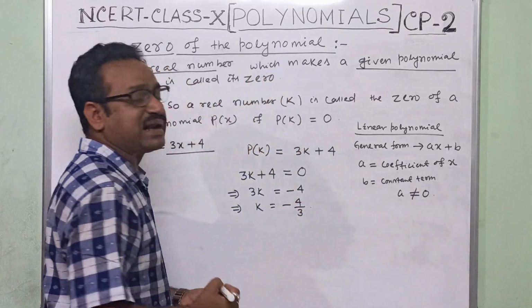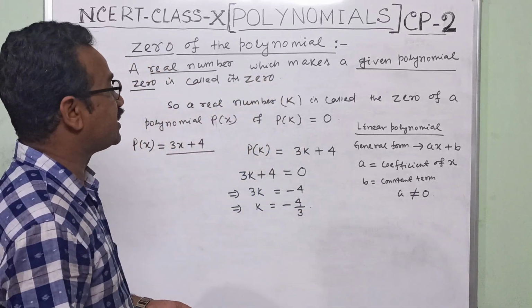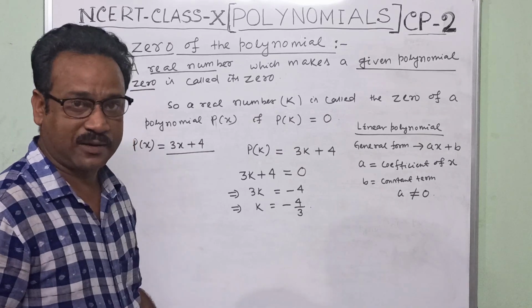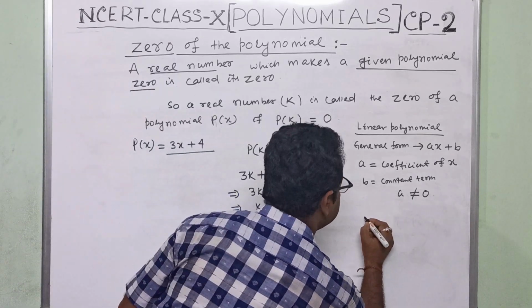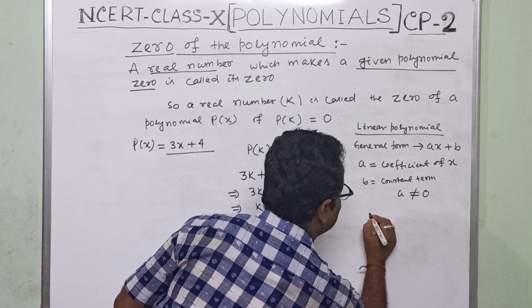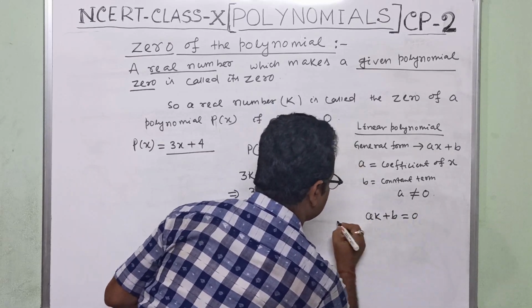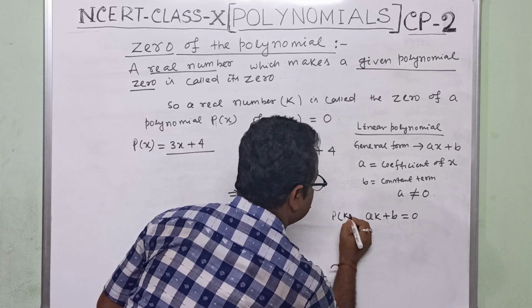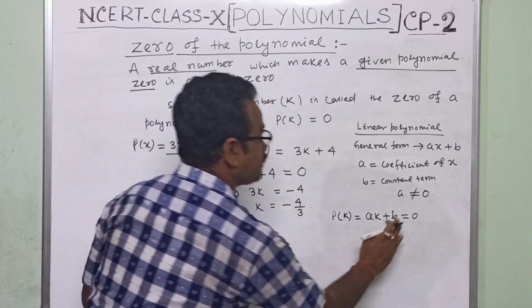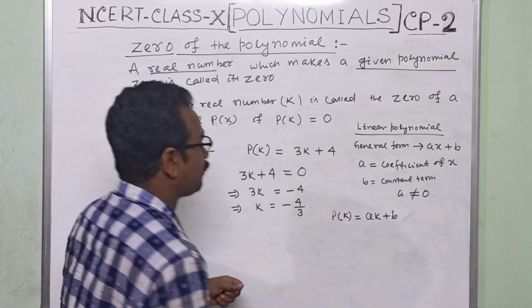Now in general, if I find the zero of a linear polynomial, I will find ak + b = 0. Right? p(k) = ak + b.